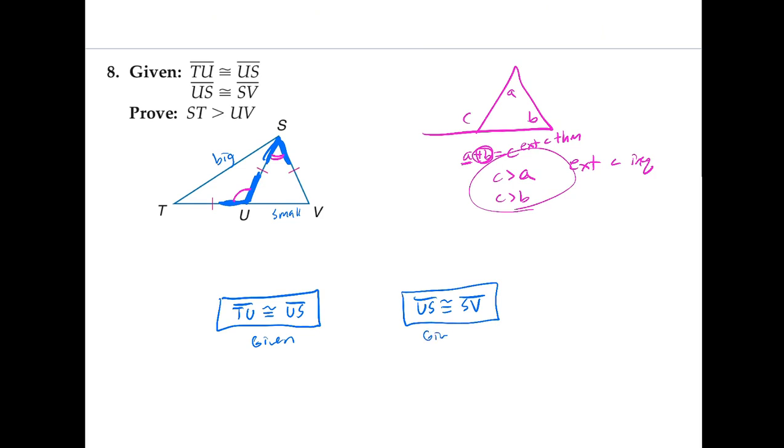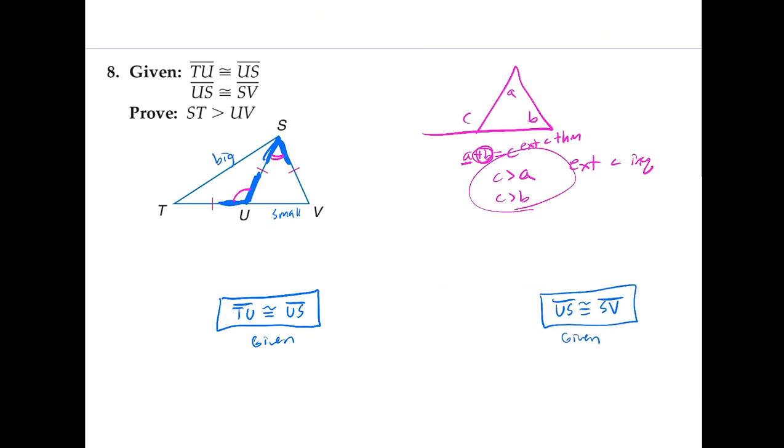So we could say, okay, this was given. And then the angle between them, so let's just make some room here. The exterior angle, measure of angle SUT, is bigger than the remote interior angle, measure of angle USV. That's the exterior angle inequality.